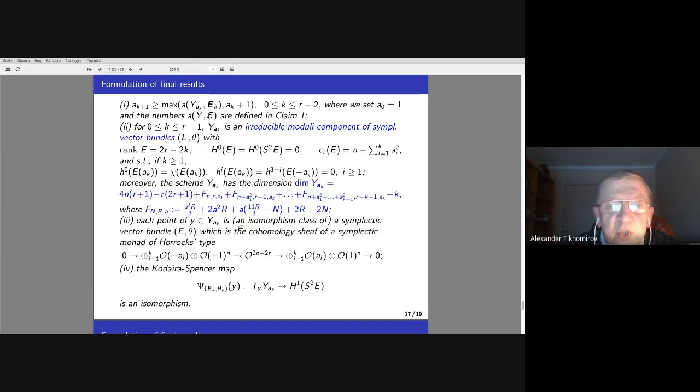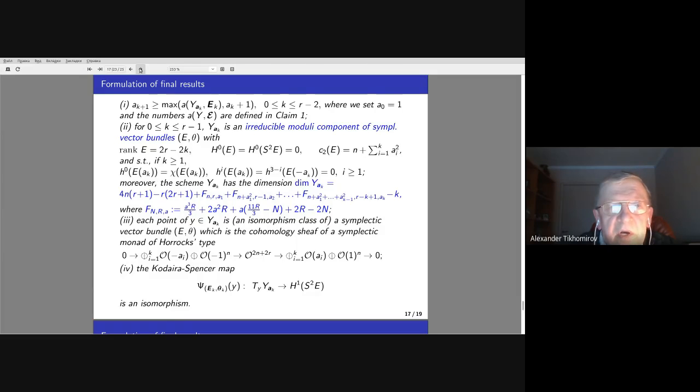And each point of small y in this Y_A_k is an isomorphism class of a symplectic vector bundle, which is the homology sheaf of a Horrocks type monad, as I noted before. And the Kodaira-Spencer map for this is an isomorphism.